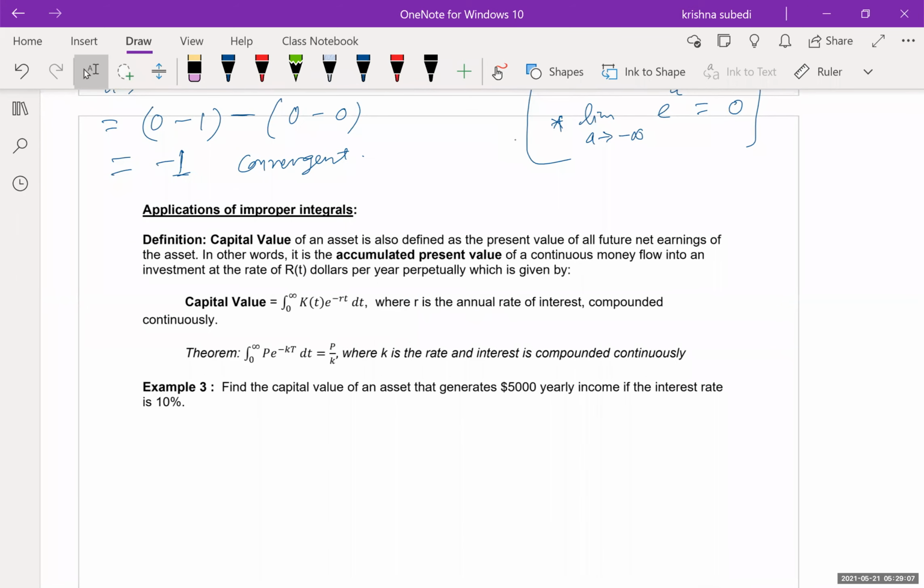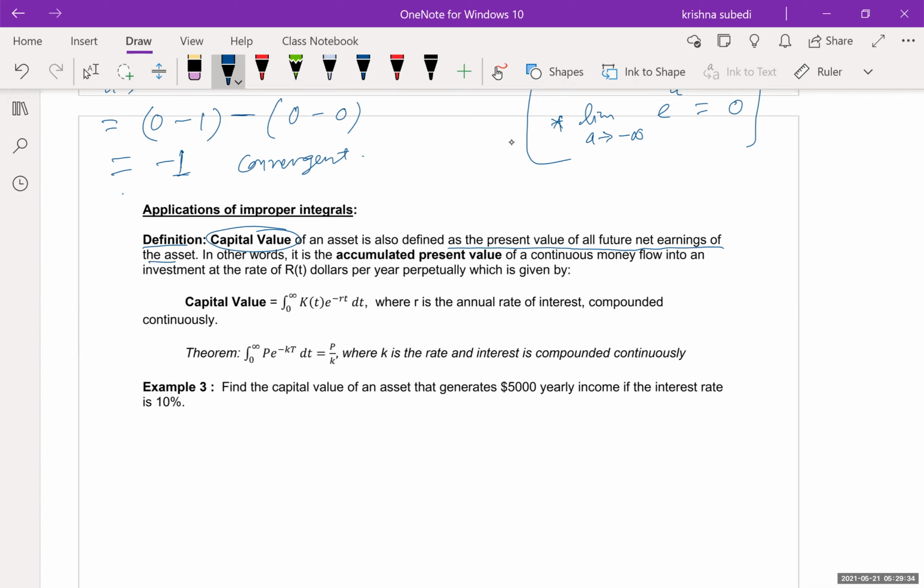So, application of improper integrals. Capital value: have you heard of capital value before in your economics or commerce course? So what is capital value? Capital value of an asset is also defined as the present value of all future net earnings of the asset.